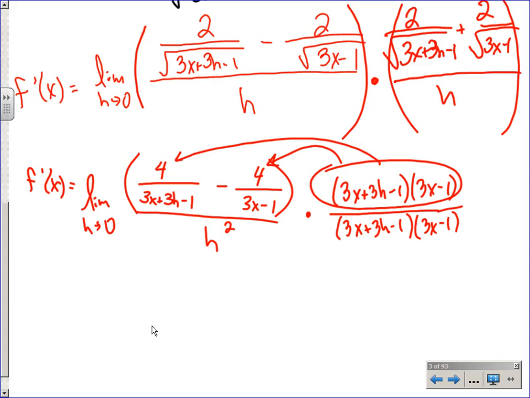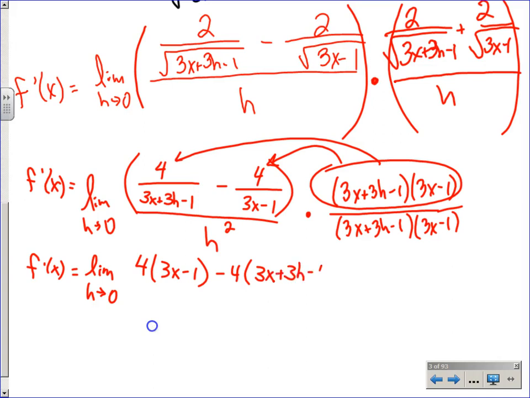That's where the rubber meets the road, huh? Are we okay if we realize that 3x minus 1 sticks around for the first and the 3x plus 3h minus 1 sticks around for the second? Right? What do we have in the bottom?